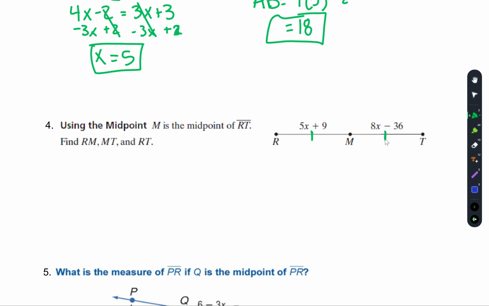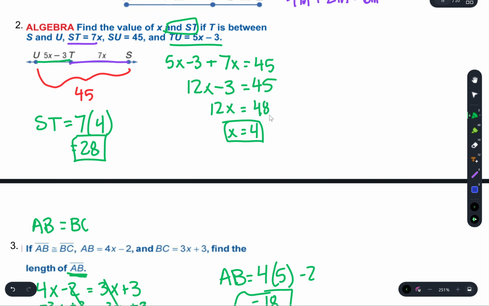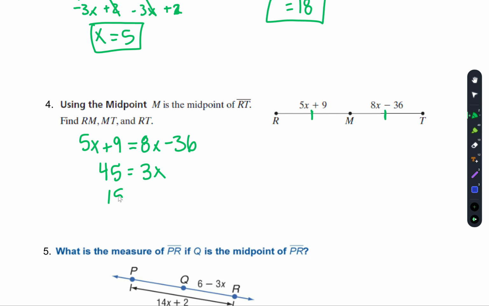So if they're congruent, just like we did in the last one, to set up this equation, we're going to set them equal to each other. 5x plus 9 equals 8x minus 36. Solve for x here. What do I get? 45 on the left side, 3x on the right side, x equals 15.